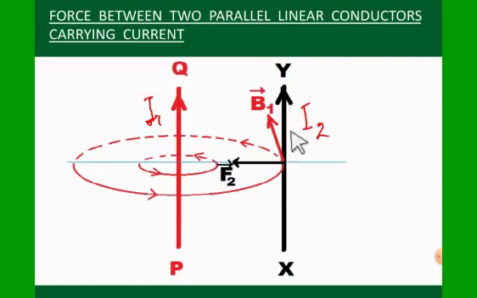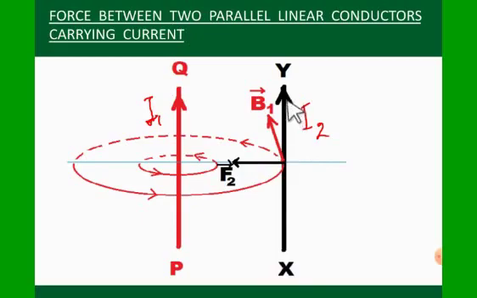So this current carrying conductor XY is placed inside the magnetic field B1, which was produced by the conductor PQ. You assume there is a magnetic field B1 directed inward, perpendicular to the plane of the paper.